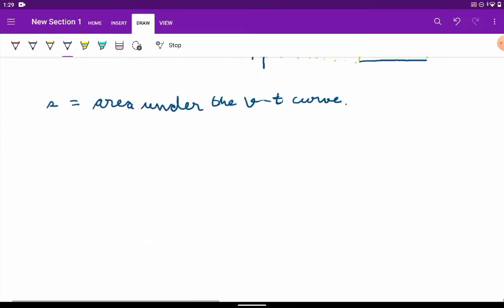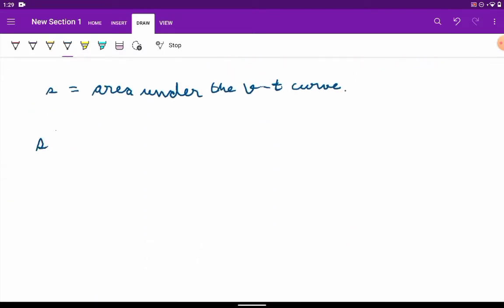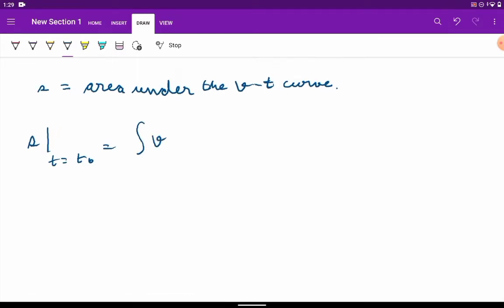In other words, if we want to find s at some t equal to t naught, that will be the integral of v as a function of t dt from t equal to 0 to t equal to t naught. So everything is from t equal to 0. That's important.